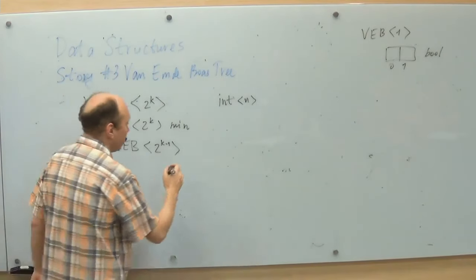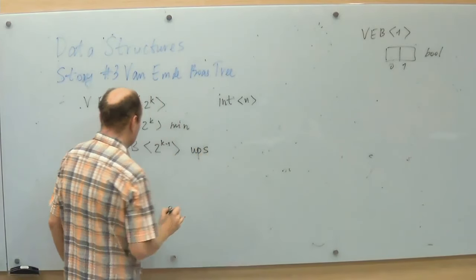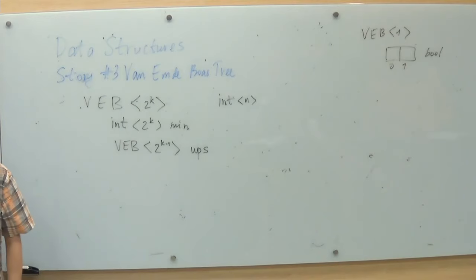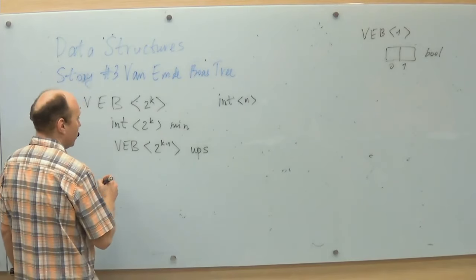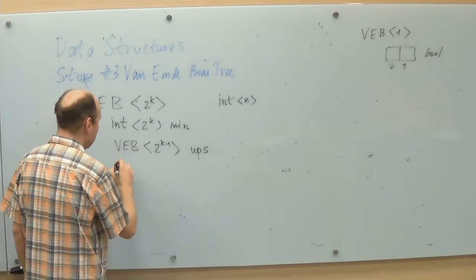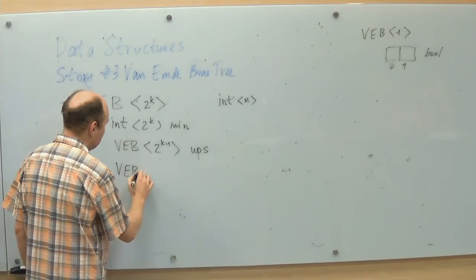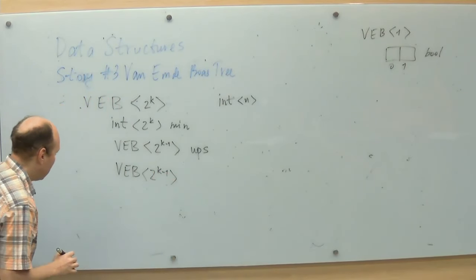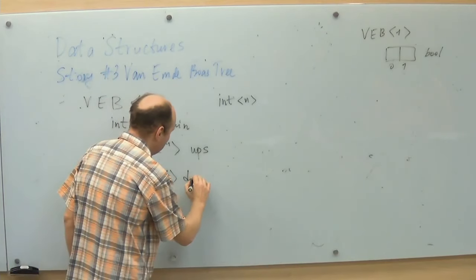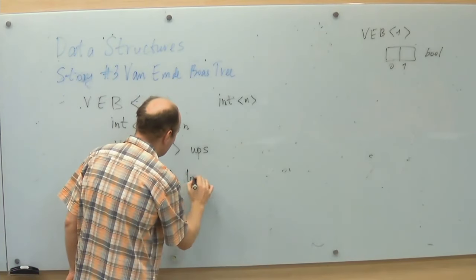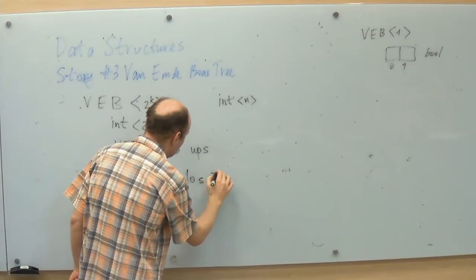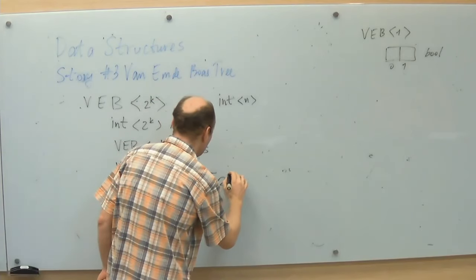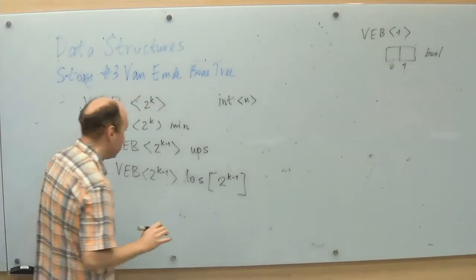We call it ups, not because of oops, but because upper parts. And we have an array of van Emde Boas trees, downs or lows, of length 2 to the power of k minus 1.